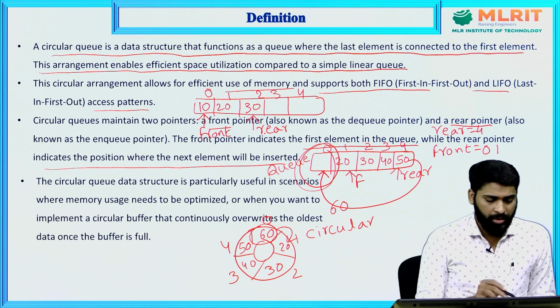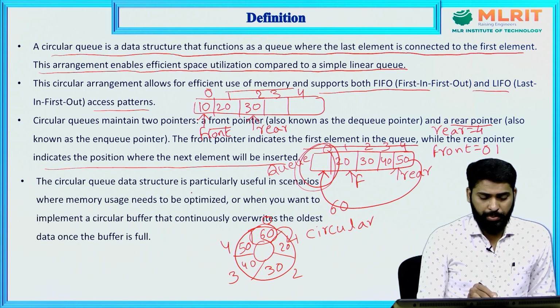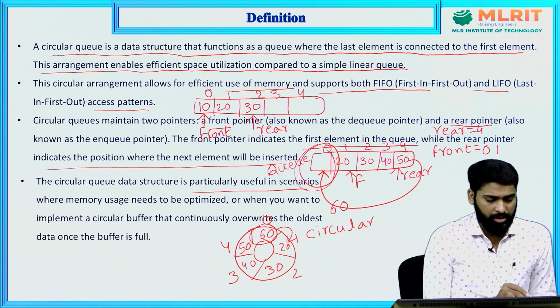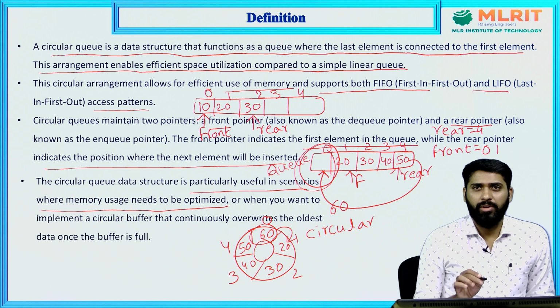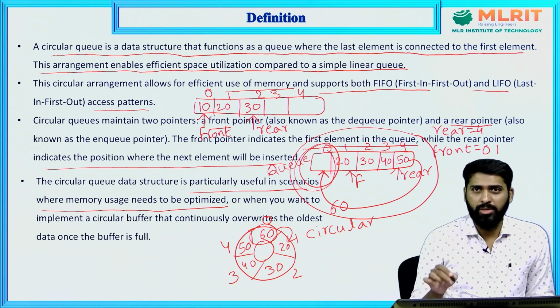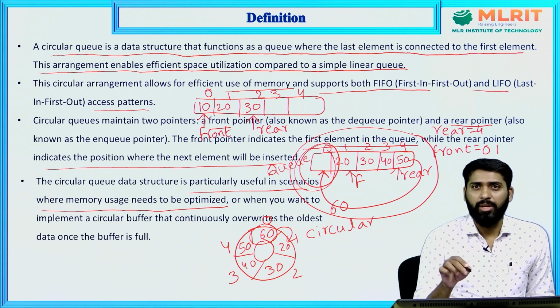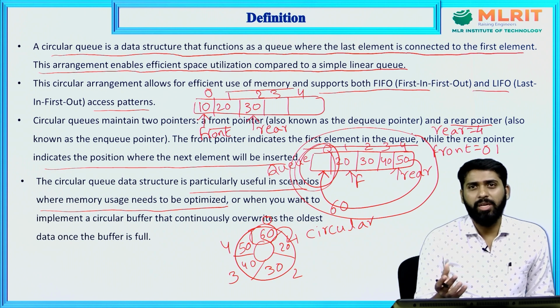A circular queue data structure is particularly useful in scenarios where memory usage needs to be optimized. Based on our previous lectures, in a normal queue this is the problem we face: we are not able to use an empty space. But if you organize it in a circular manner, you optimize the memory.